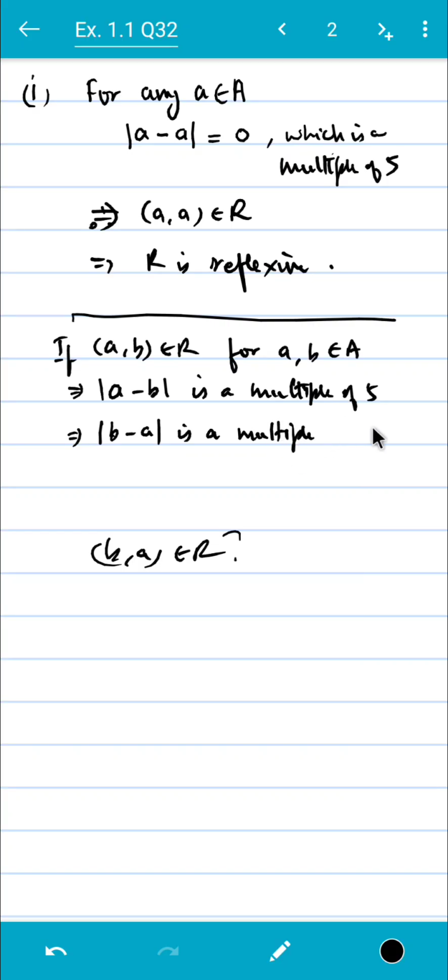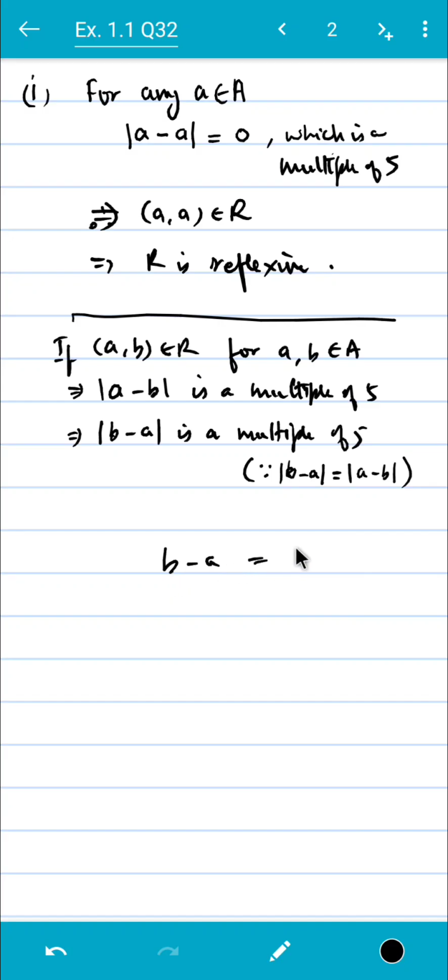Now why is this? The reason is simply that the modulus of b minus a is equal to the modulus of a minus b, because b minus a and a minus b differ only in sign.